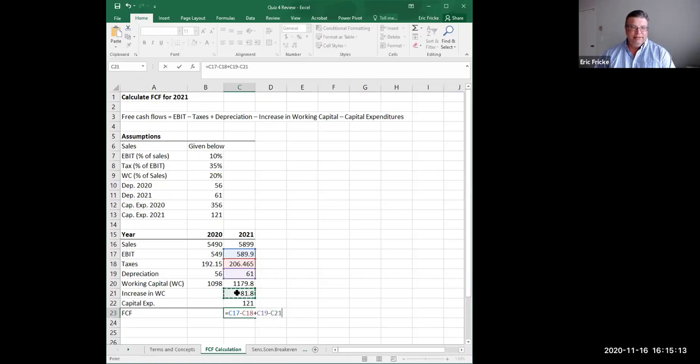And that's right here. And then finally, we subtract capital expenditures right here in the equation. That's down here. So that should give us our answer right there. 241.635. Looks good.